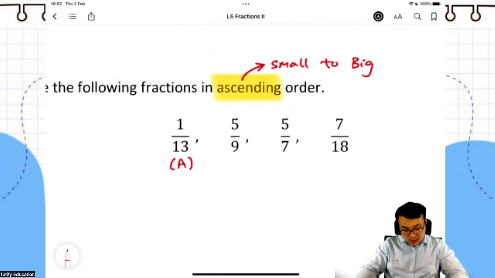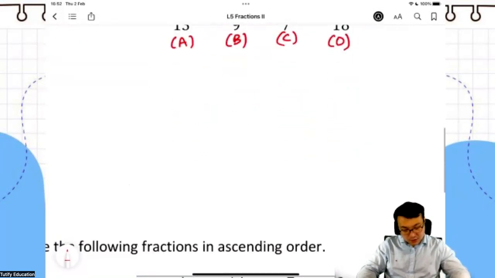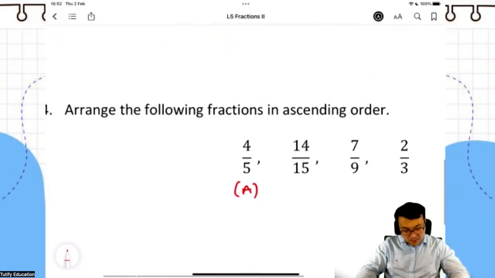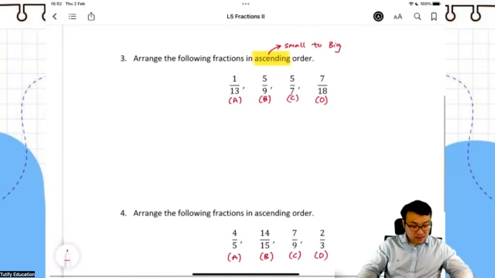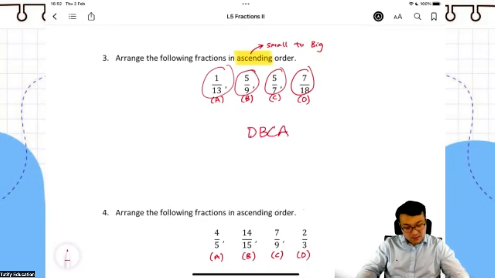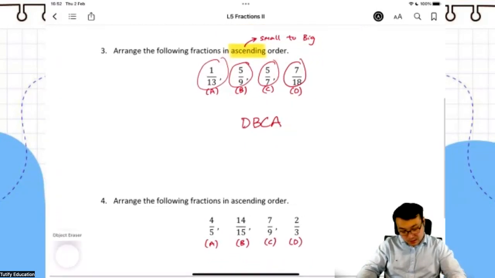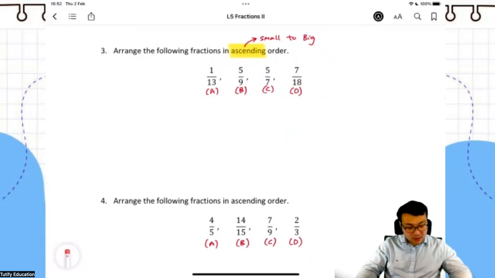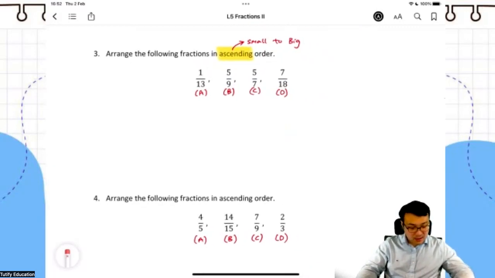I'm going to call this A, B, C, and D. I'm also going to call this A, B, C, D. So when you give me your answer, for example, if you think this is the smallest, followed by this, followed by this, followed by this, then you give me your answer as this. Type in the chat group. However you rank them, just type the corresponding alphabets and give me your answer in the chat group.